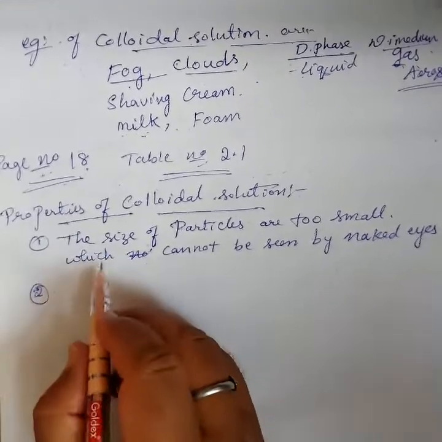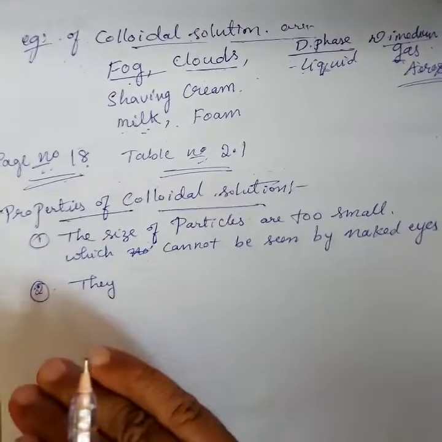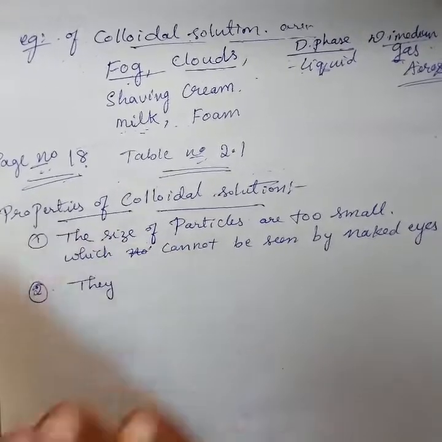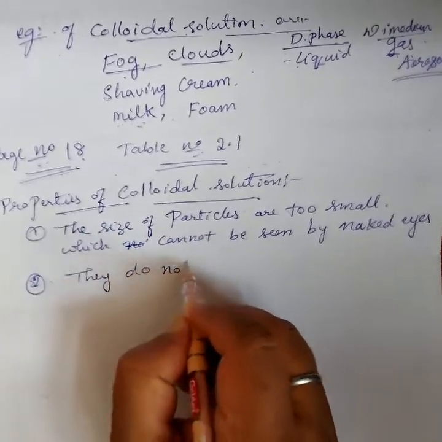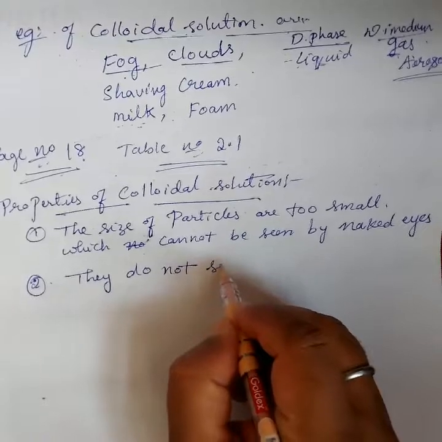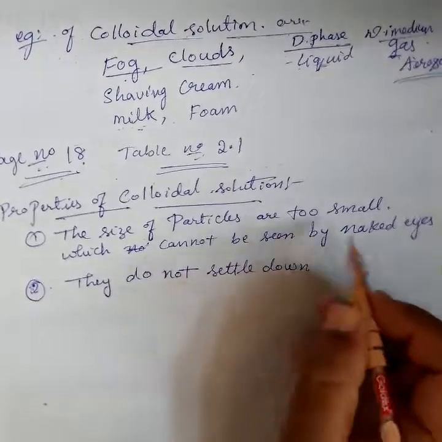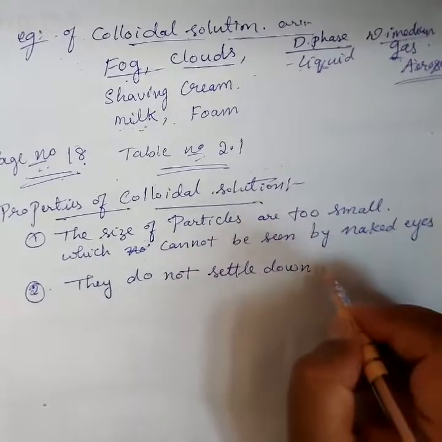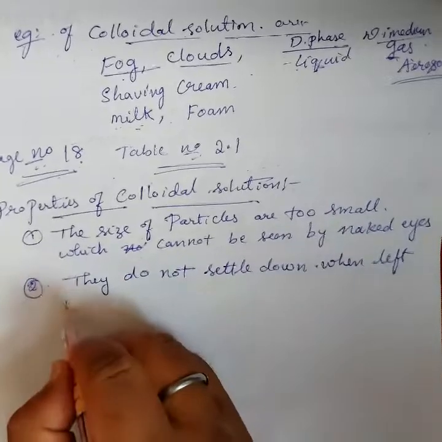And the second is, they do not settle down. In a suspension, it can settle down, like soil forming a different layer and water a different layer, but here they do not settle down when left undisturbed.